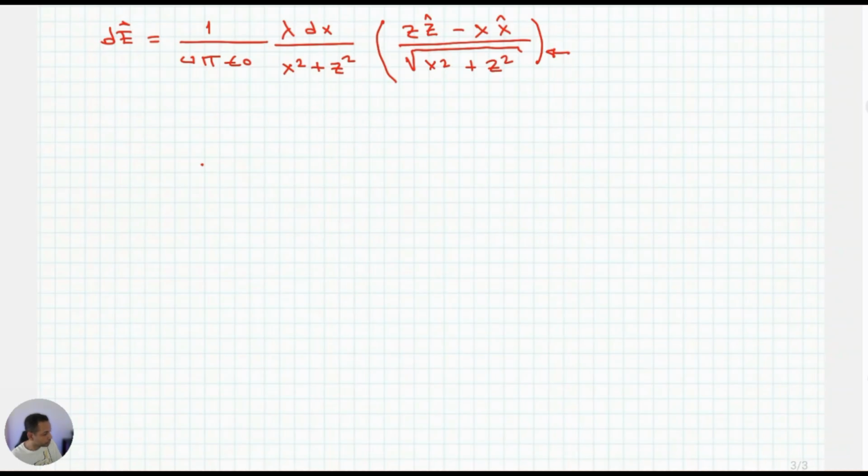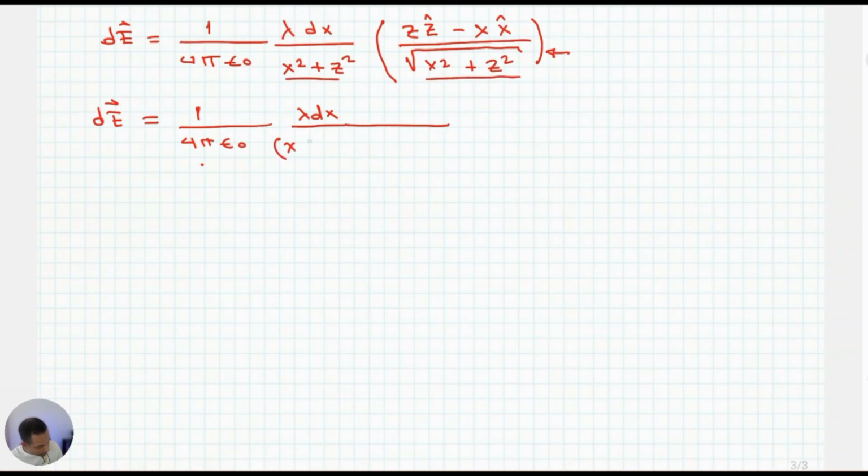Okay, so now we can write this equation like dE is equal to 1 dividing 4 pi epsilon 0 lambda dx. So here we get this with this. It's going to be s squared plus z squared to the 3/2 power.